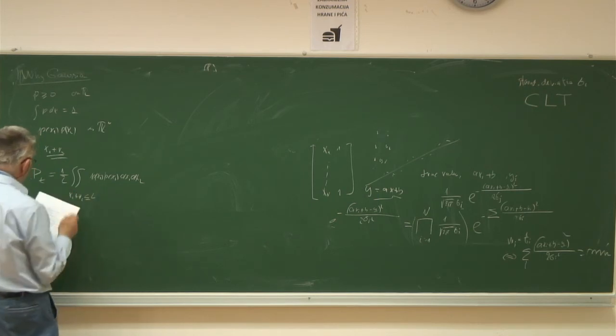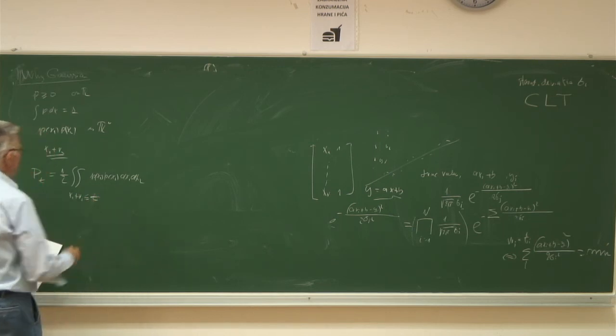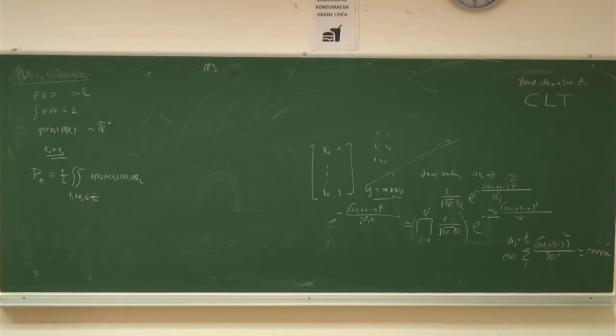This is the probability that the mean value is less than t. And this will give us then the probability density for this quantity.